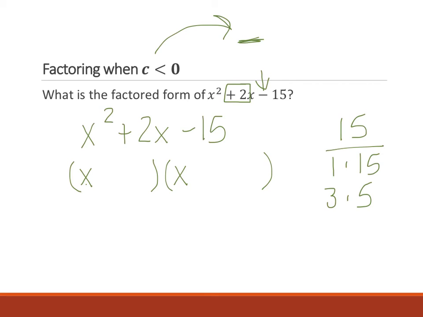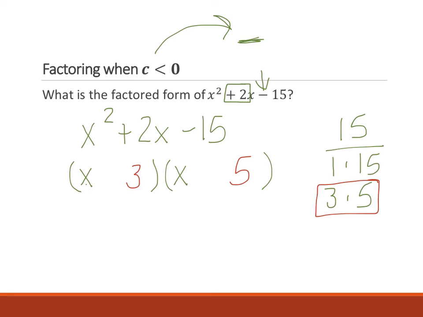So when I'm looking at my pairs of numbers, I immediately notice that 5 and 3 subtract to give me 2. So that tells me that the two numbers I'm looking for are 3 and 5. Another way to look at this is that they're going to add to give me a positive 2, and one would have to be positive and the other negative.